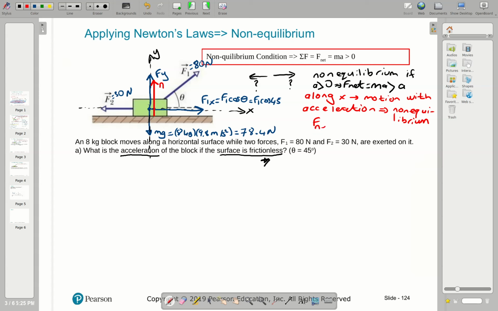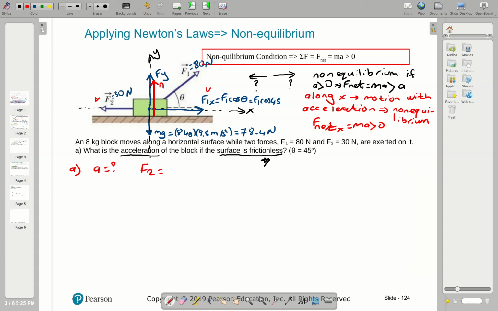Or dynamic equilibrium, it's moving with an acceleration. Fnet along x is bigger than 0. And I'm going to define again the positive direction depending on if F2 is larger or F1x is larger, because F2 is pulling to the left, F1x is pulling to the right. So A is asking me what is A. I'm going to get to that. First, I'm going to decide the direction of motion and pick my positive side.